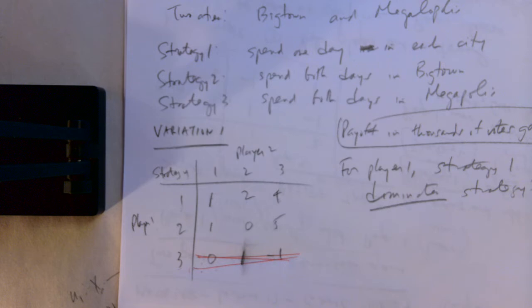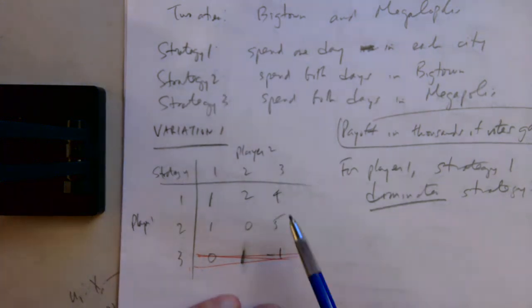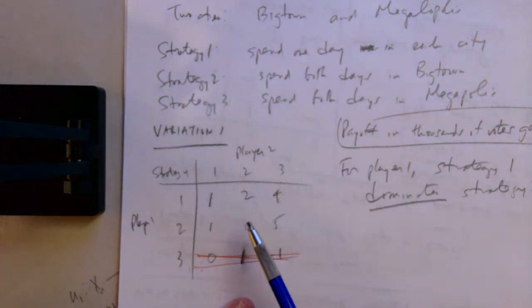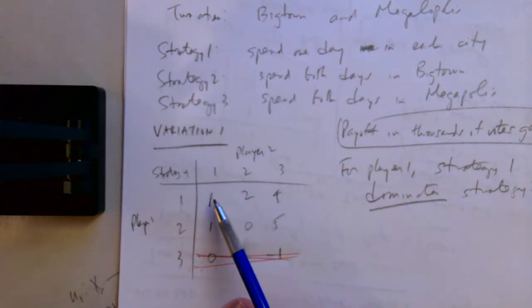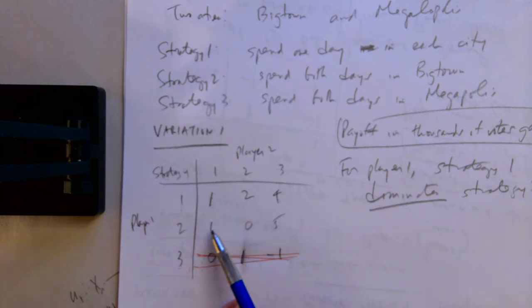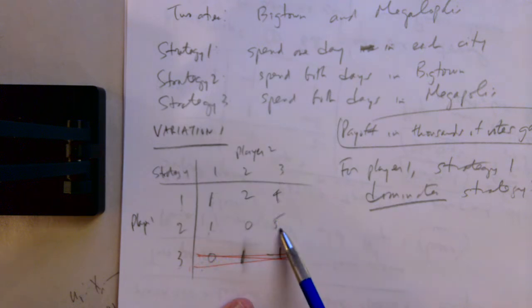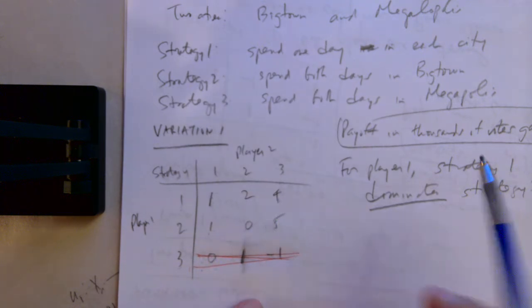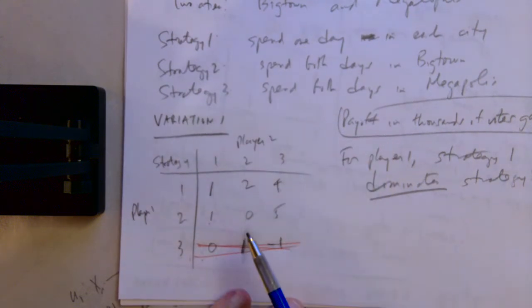Now, player 2 is also rational. What do these numbers mean for player 2? It means in this case, player 2 loses 1,000 votes, and in this case, loses 1,000 votes. These numbers say what player 1 wins. Whatever player 1 wins, player 2 loses.